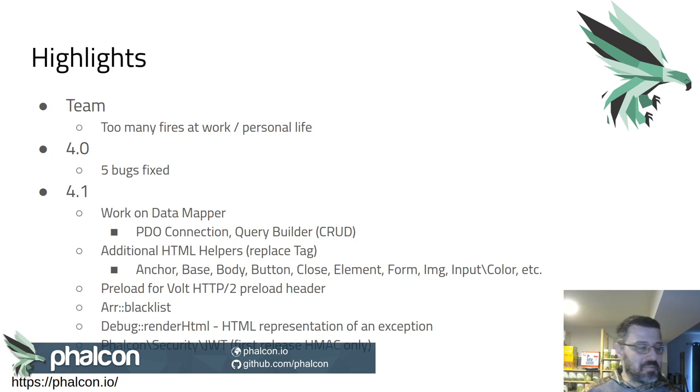All right, so back to our slides. We have 4.0. We fixed 5 bugs, which is a good amount. But we also did additional work on 4.1. What I list here is the collection of the work that has been done throughout these few sprints since the beginning of the year.